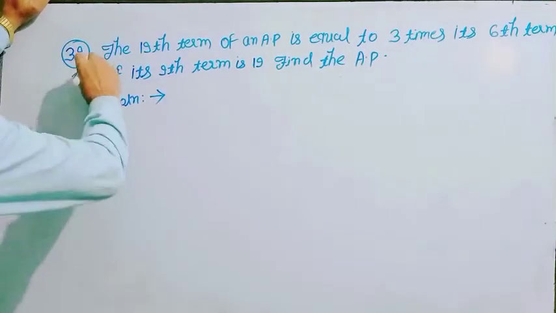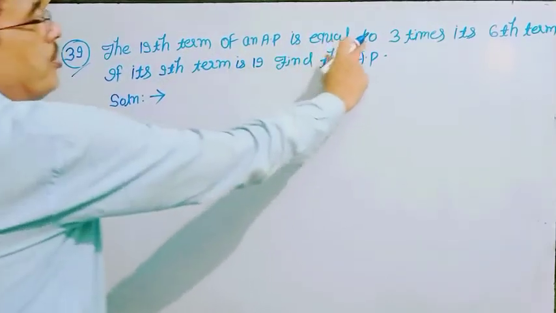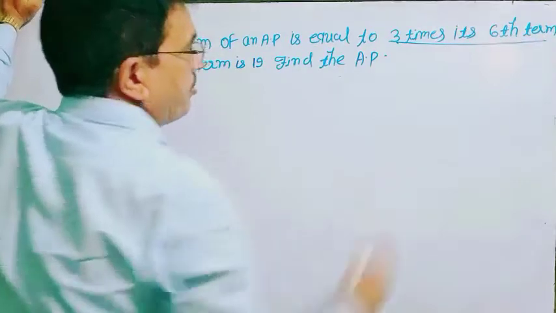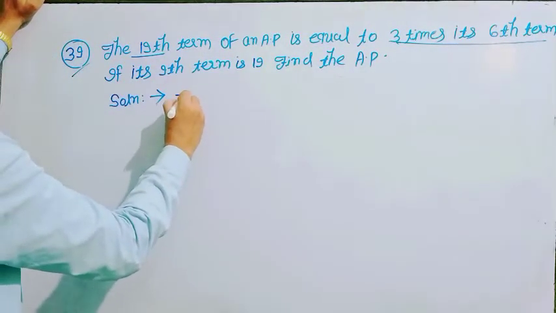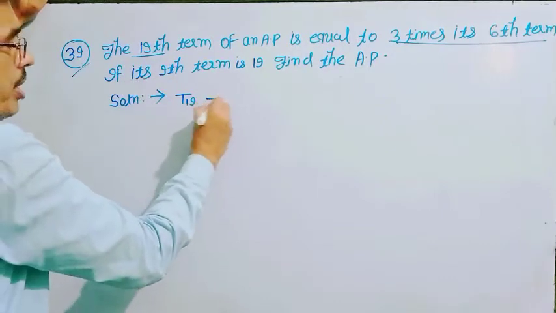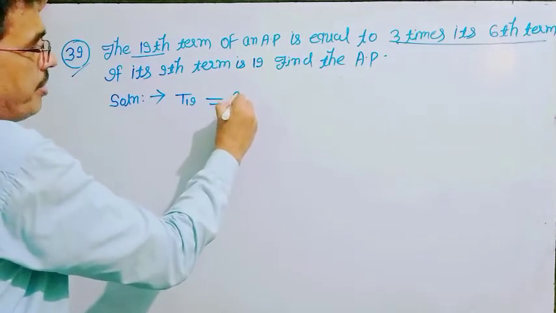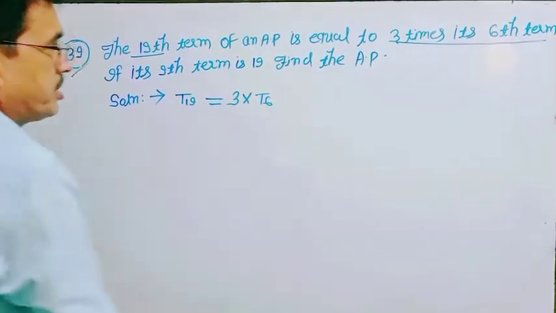Now see question number 39. The 19th term of an AP is equal to 3 times its 6th term. The condition given is that T19, that means the 19th term, is equal to 3 times the 6th term, that is T6.